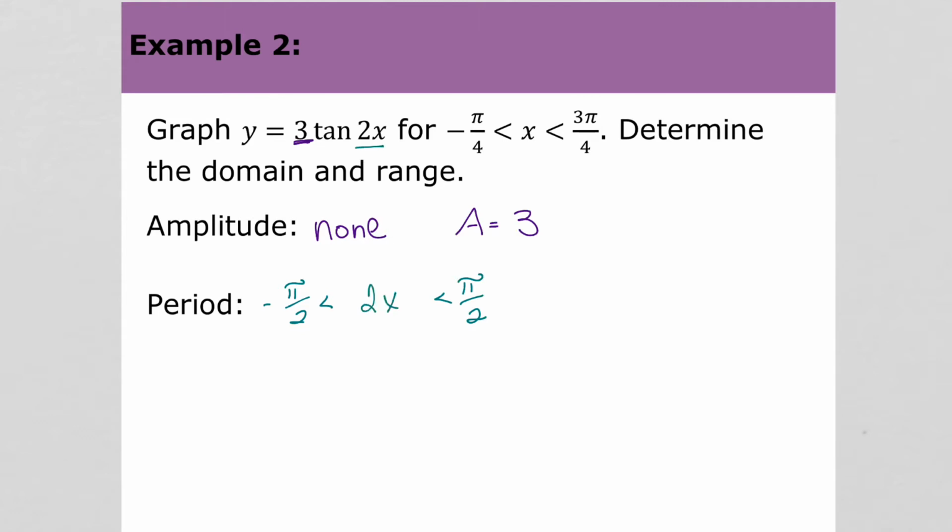So in this case, it's just 2x. Now what we've got to do is solve for x, essentially. So we've got to divide everything by 2. And that gets us negative pi over 4 to positive pi over 4.